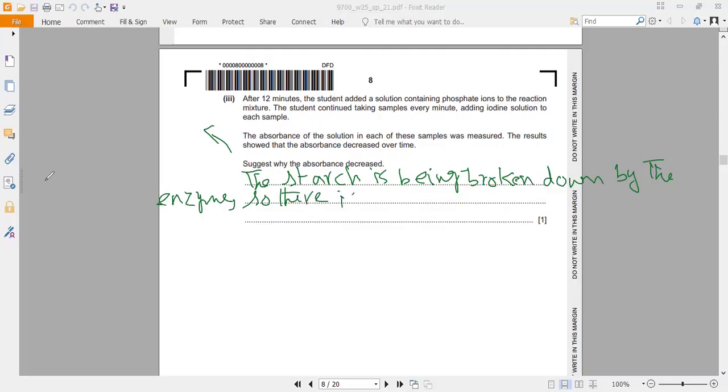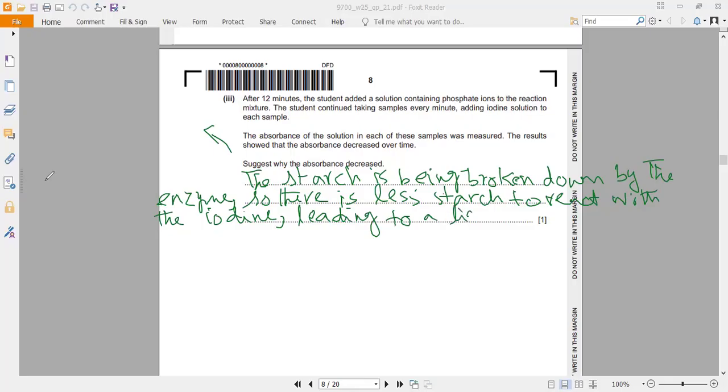So there is less starch to react with the iodine, leading to a lighter color.